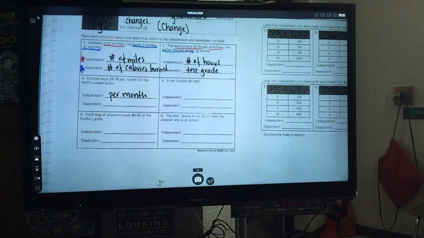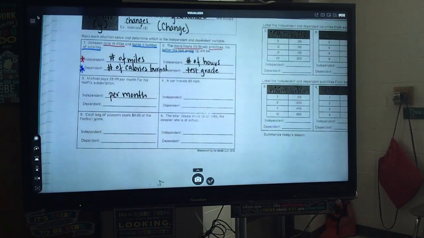So if I said he paid 6 months worth of Netflix subscription, what would my answer essentially be? Well, don't do the math. I'm trying to figure out the what. It'd be 6 times whatever the cost is. Right. So then what am I trying to figure out here, guys?